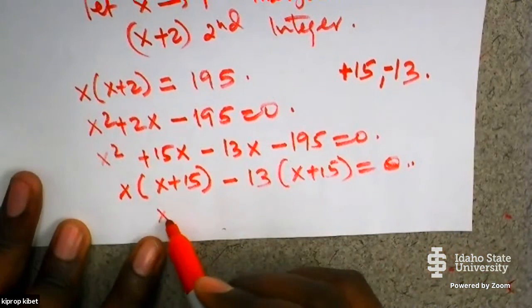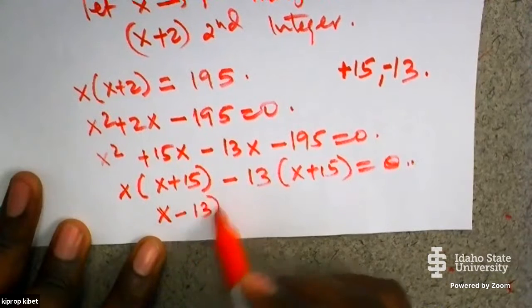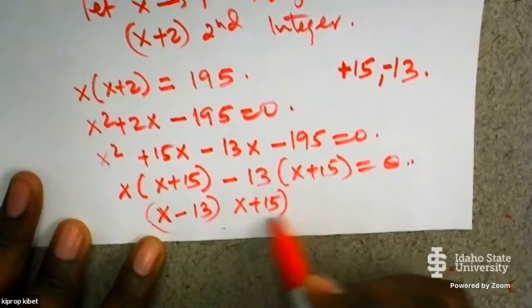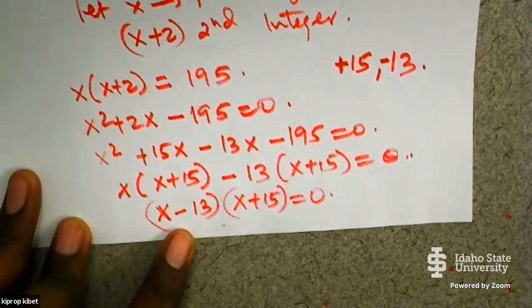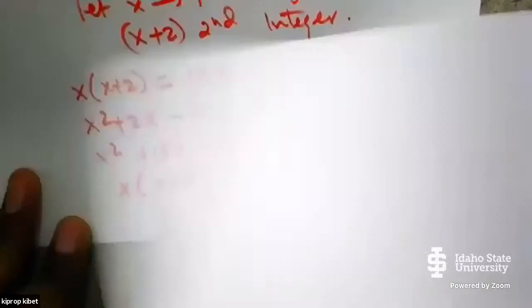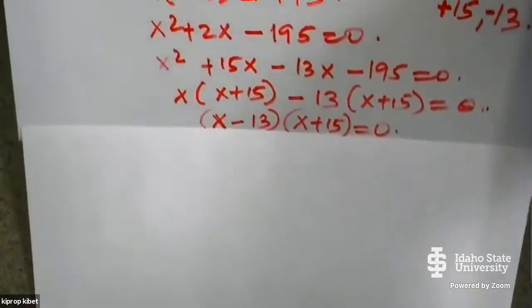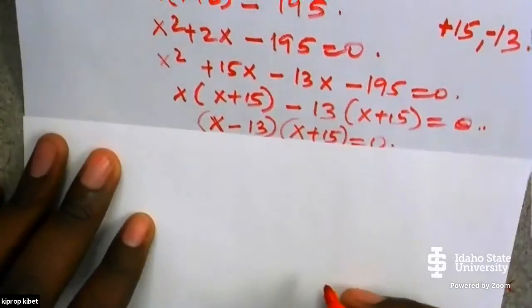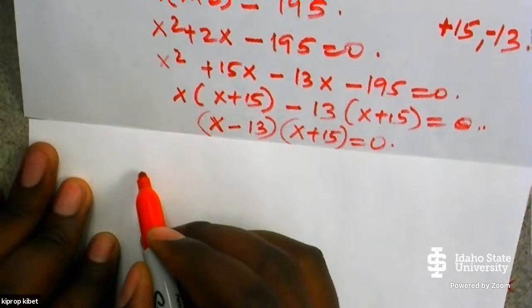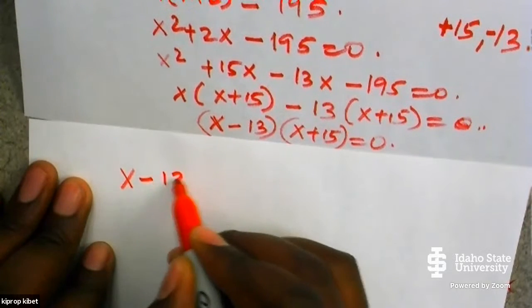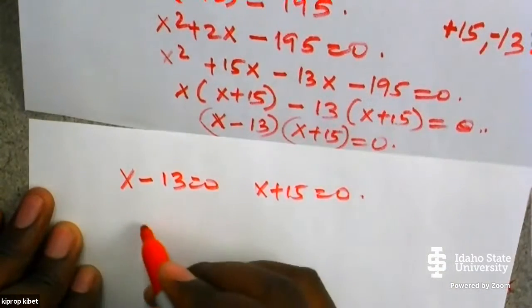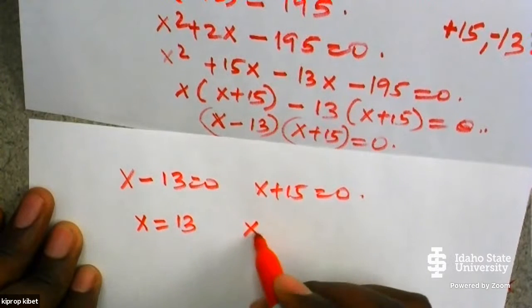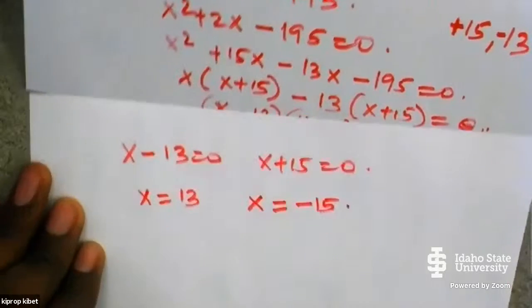So getting the greatest common factor, x minus 13 times x plus 15 equals 0. So we now have, using the zero product property, x minus 13 equals 0, x plus 15 equals 0. So x equals 13 or x equals minus 15.